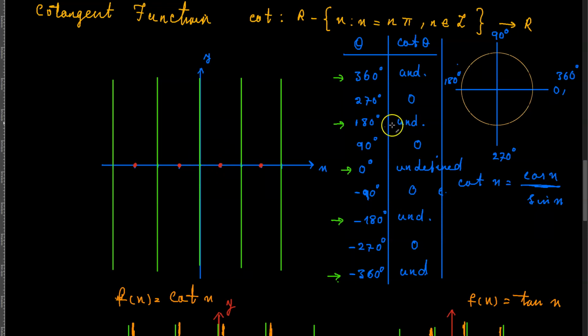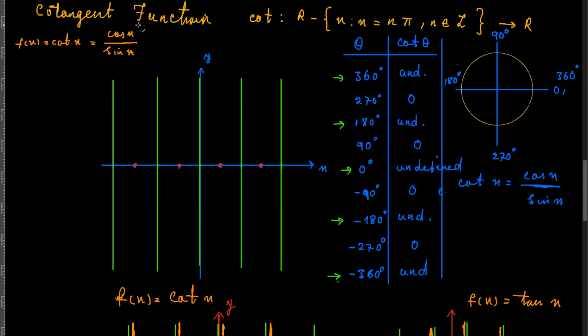Now, when you start from very close to this asymptote, meaning very close to theta equal to 0 degrees, for example, the function that we are dealing with is f of x equal to cot x, which is the same thing as cos x over sine x. So you have cos x over sine x.